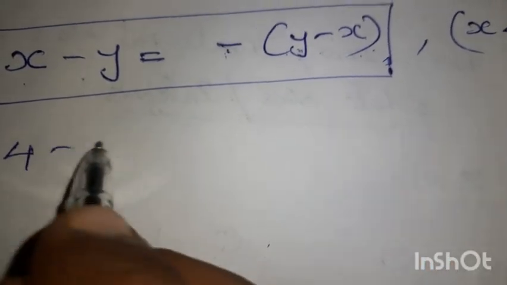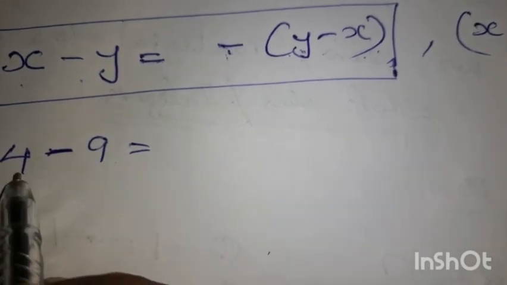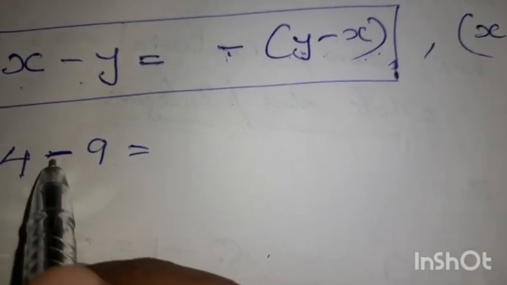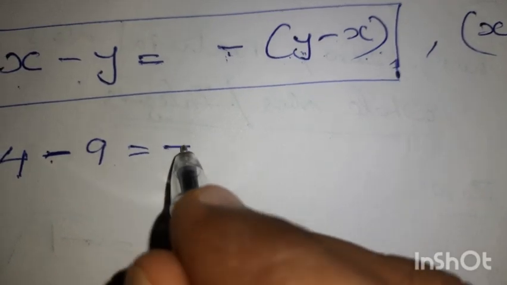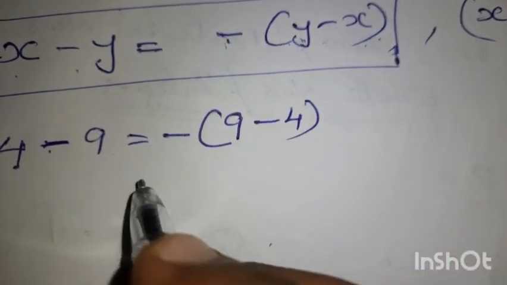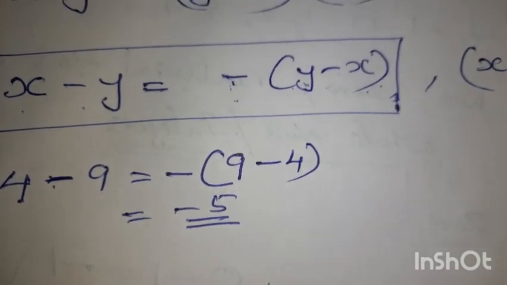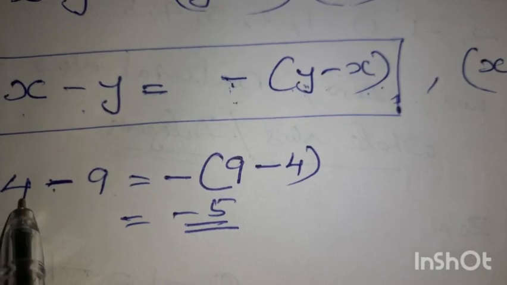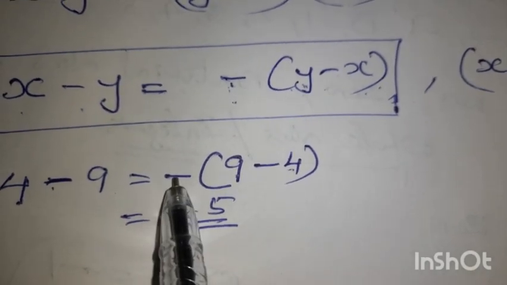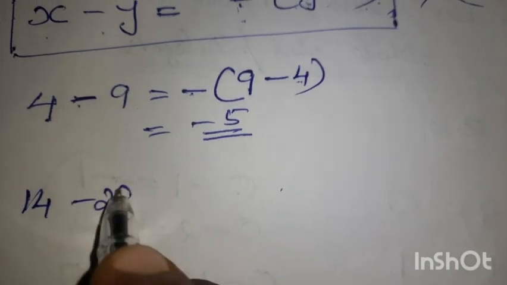So see this one, 4 minus 9. We have to subtract from bigger number to lower number and keep the sign of minus. So minus of, which is a bigger number, 9 minus 4. So the answer is minus 5. The same thing is written here. Then 14 minus 29.